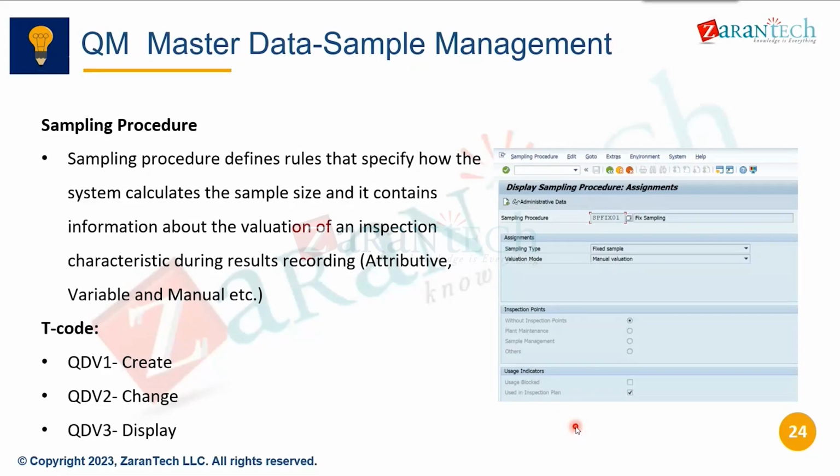Whether you need a manual valuation, an automatic valuation, or an attributive valuation, meaning based on the acceptance or rejection criteria of that characteristic, it will automatically evaluate as rejected or accepted.